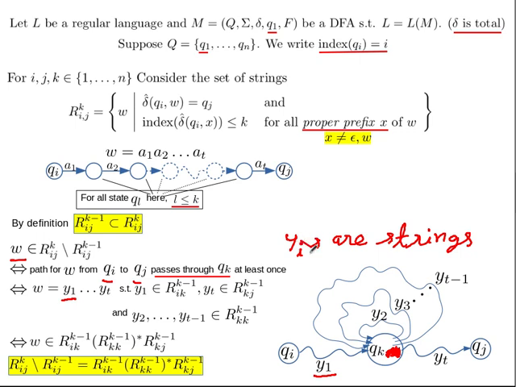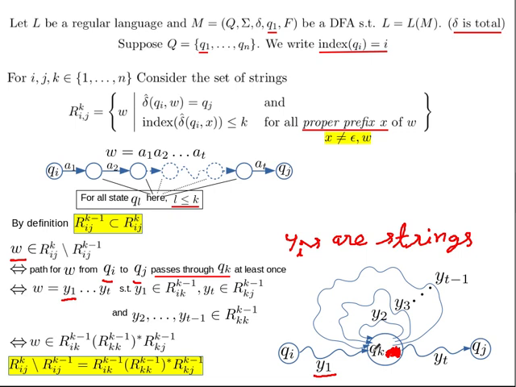So you are processing this w, and after you have processed this y1 part, you encounter qk for the first time.